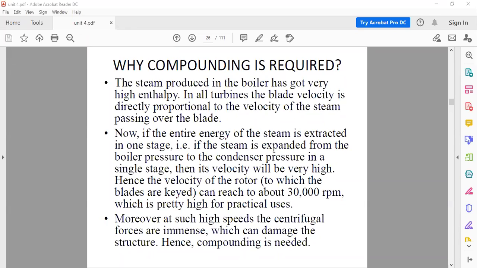So steam produced in the boiler has very high enthalpy. In all turbines, the blade velocity is directly proportional to the velocity of steam passing over the blade.